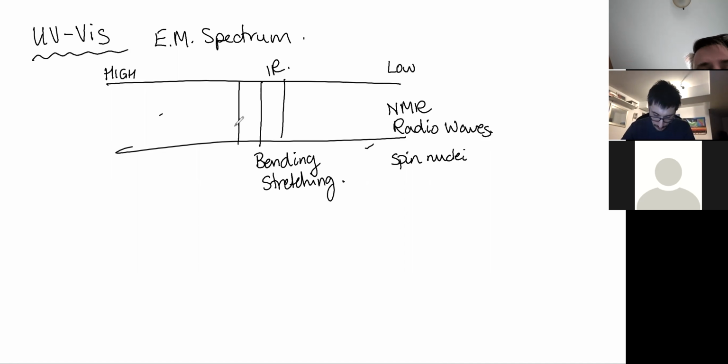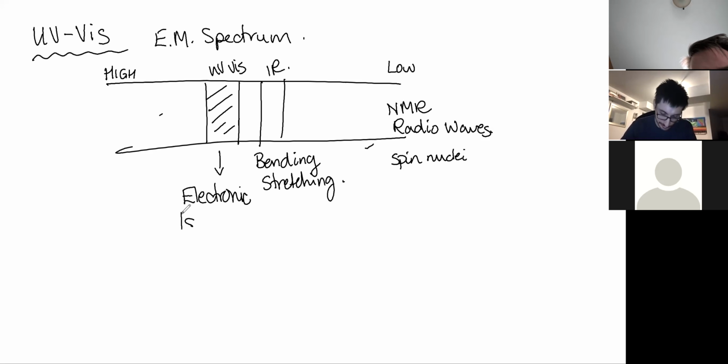And with UV-Vis, it's over here. The visible spectrum would come in between the infrared and the ultraviolet. And this is dealing with electronic transitions.